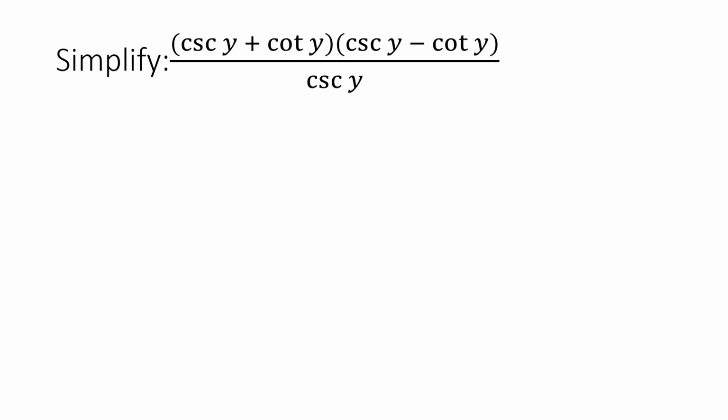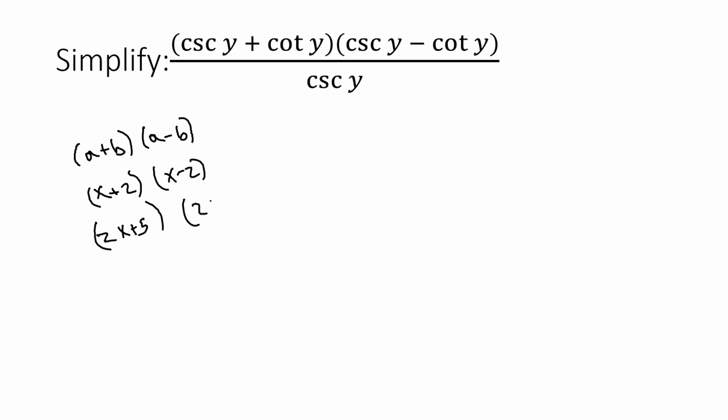Now, this should be an automatic instinct. Every time you see what are called conjugates, so like a plus b and a minus b, those are conjugates. Or x plus 2 and x minus 2, those are conjugates. Or 2x plus 5 and 2x minus 5, those are conjugates.